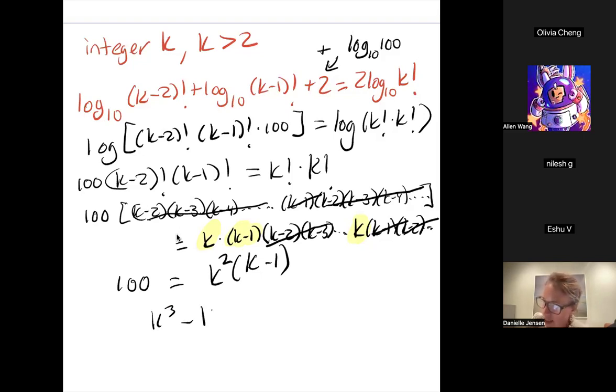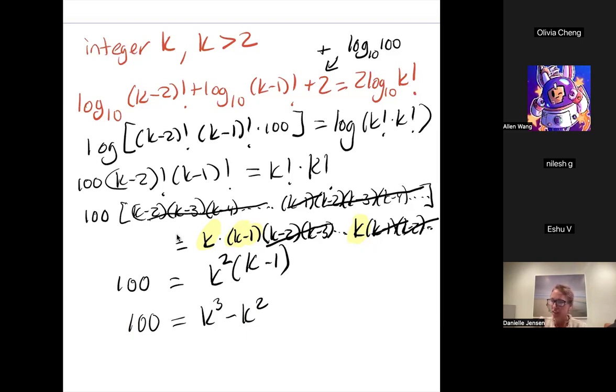But the other way to do this, so k cubed minus k squared, what am I doing? Sorry, equals 100. The other way to do this, which seemed so exhausting, would be finding all values p over q and finding a zero that works and synthetically dividing so I could factor and find the rational zeros. No need to do that here. In this case, I just started trial and error.